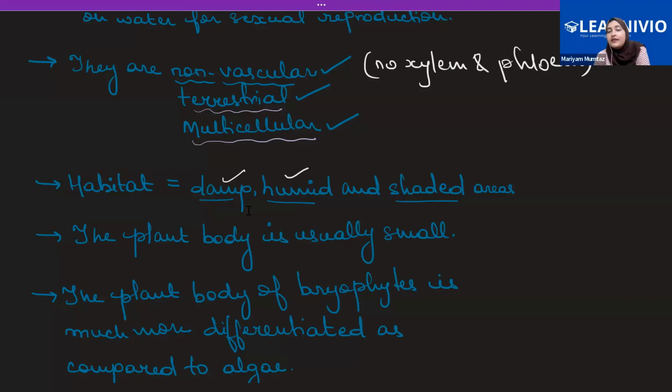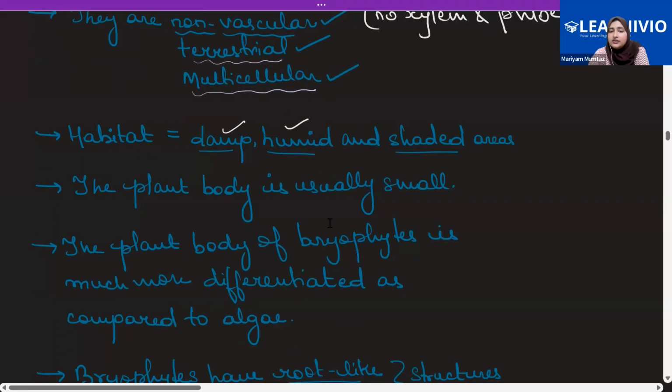They are terrestrial and they are multicellular. Now, you will not find any such unicellular forms in them. Where are they found? So they are found in those areas which are damp, which are humid and shaded. You cannot find them in Saharan desert. No. They will be present near to the water body, anywhere near to the water body.